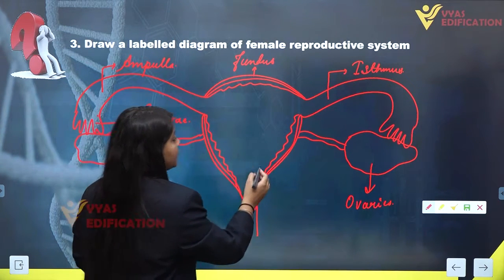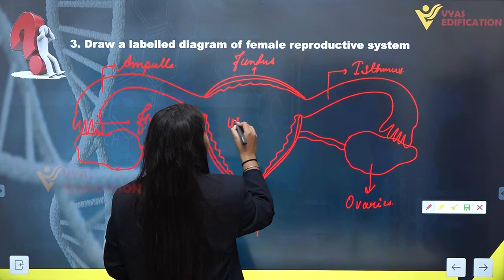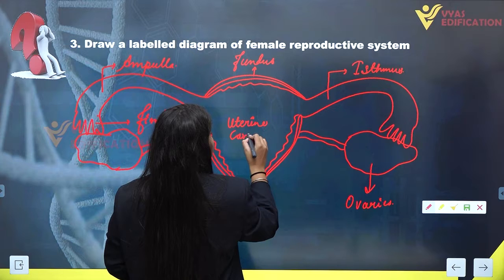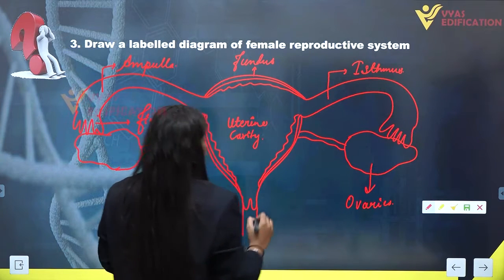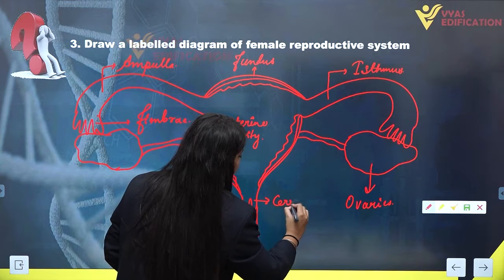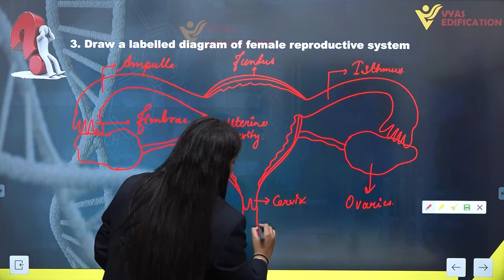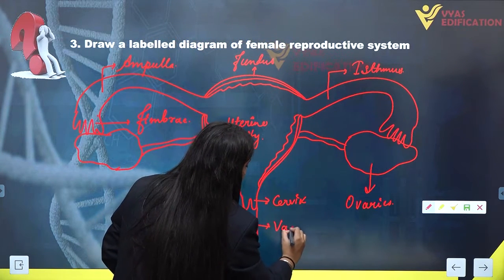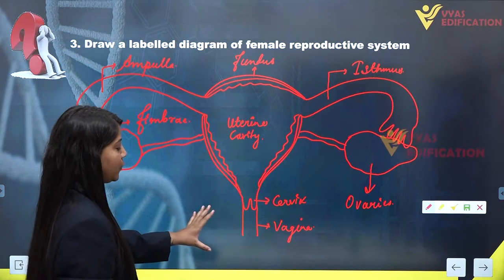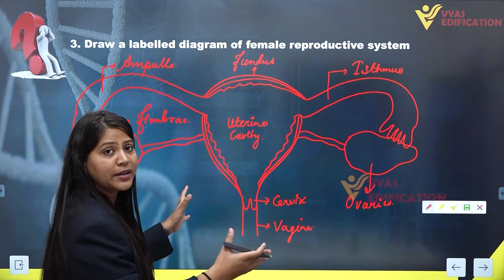This cavity is known as the uterine cavity. Below this you can see this is the cervix, and here we have the vagina. So we have completed the labeling of the female reproductive system.